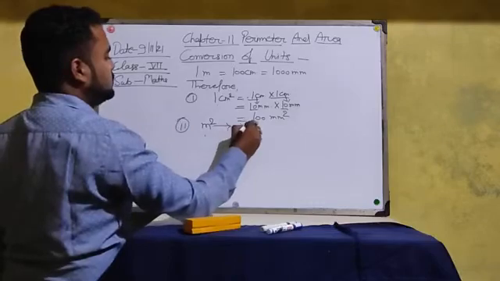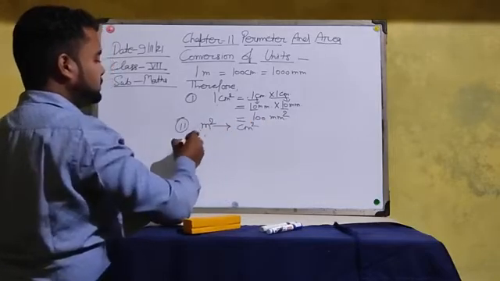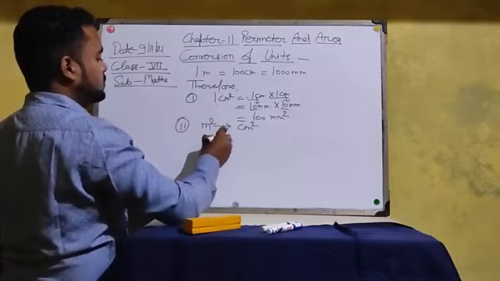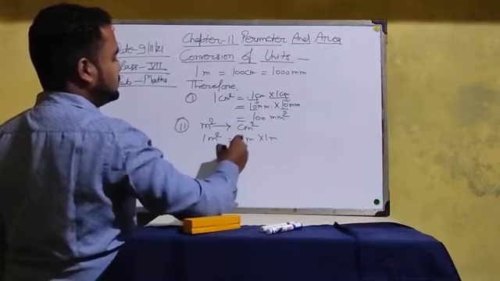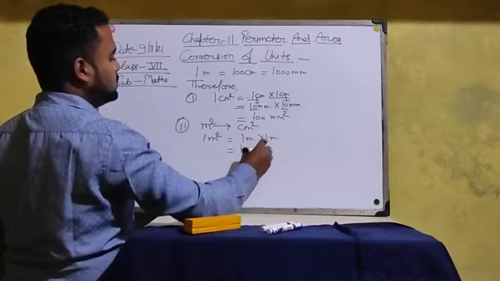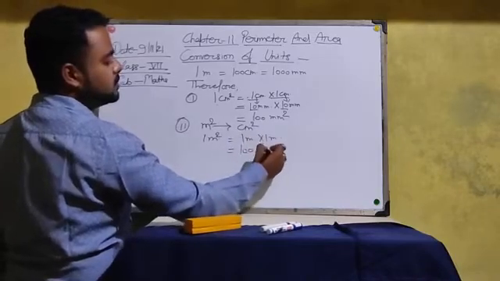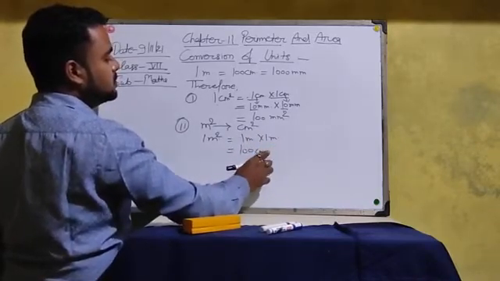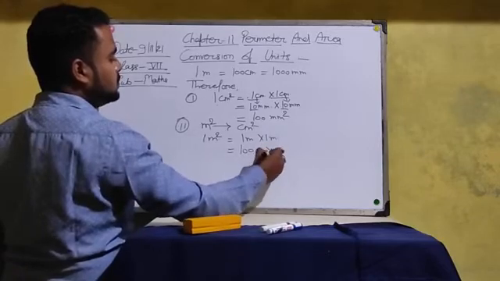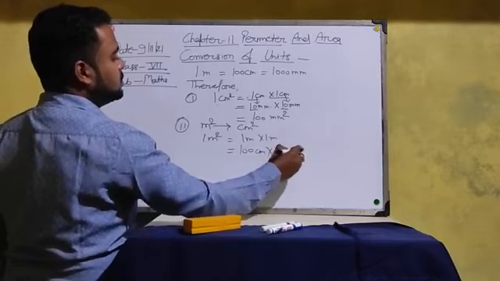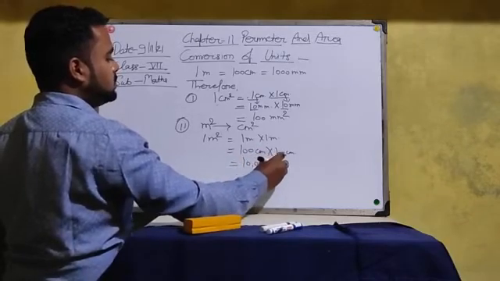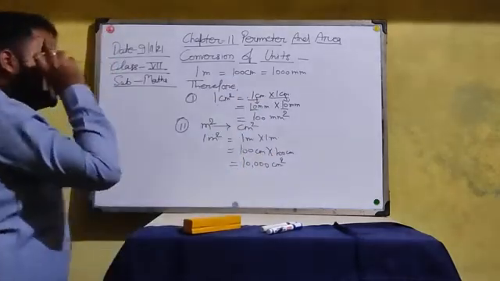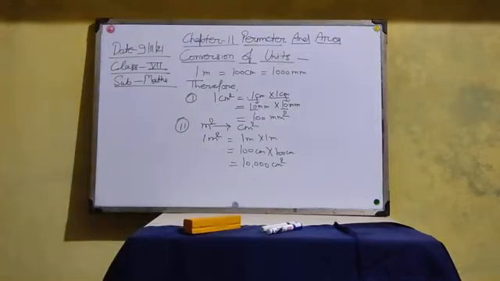Meter square to centimeter square. So 1 meter square equals 1 meter into 1 meter. As we know that 1 meter equals 100 centimeter, so 100 centimeter into 100 centimeter gives 10,000 centimeter square. Note down the conversion of unit.